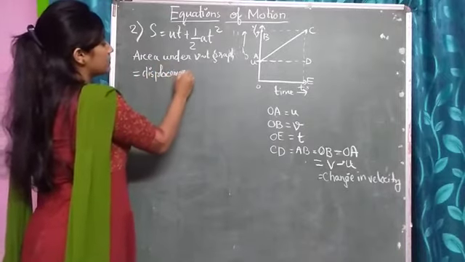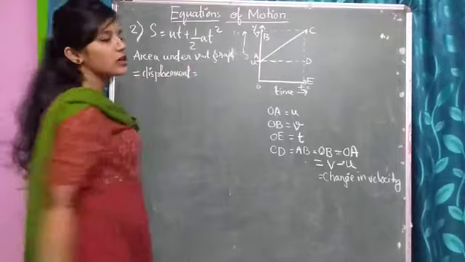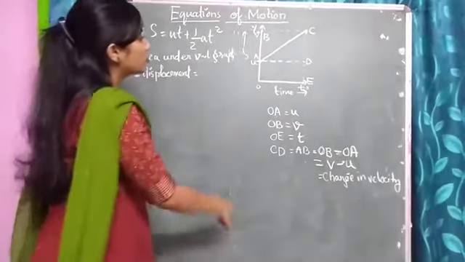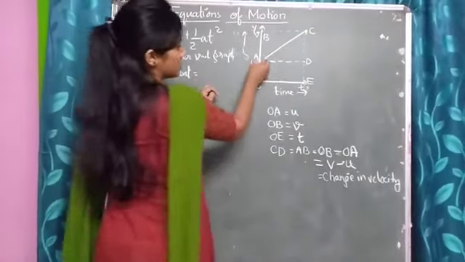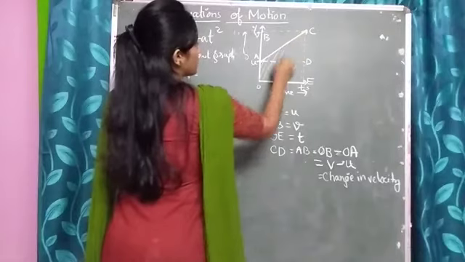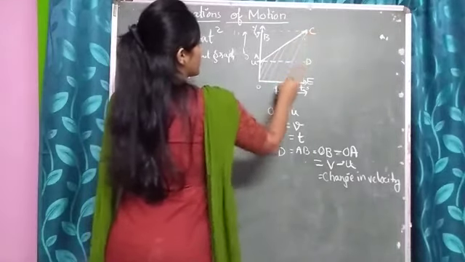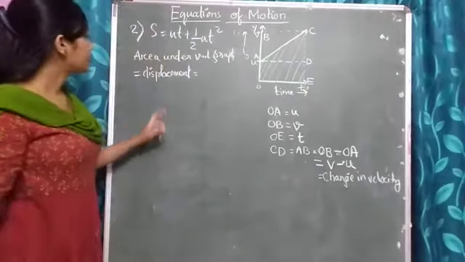What is the area covered under this graph? This much area will be covered by this graph.